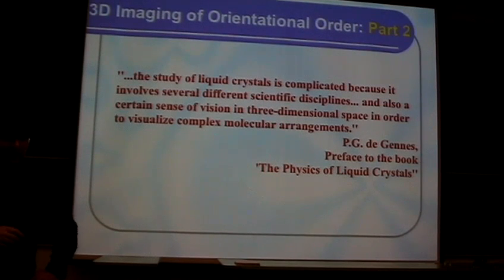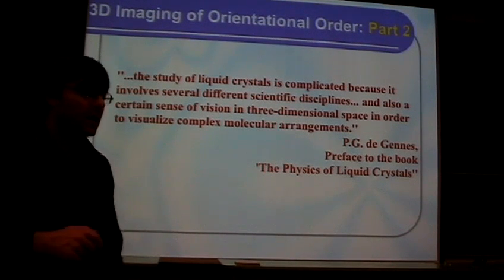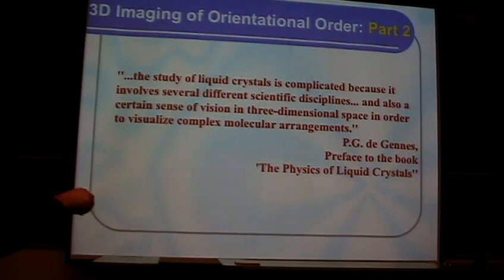Again, I would like to proceed by starting with the citation of those words by Nobel laureate de Gennes, who said that the study of liquid crystals is complicated because it involves several different scientific disciplines and also a certain sense of vision in three-dimensional space in order to visualize complex molecular arrangements.